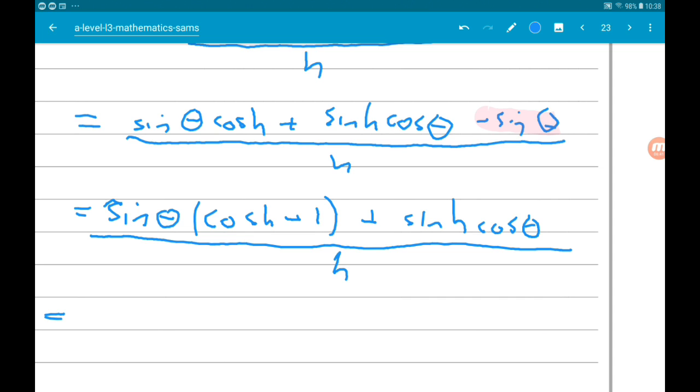So we can say this is cos of h minus 1 over h times sine of theta, and then plus sine of h over h cos of theta.